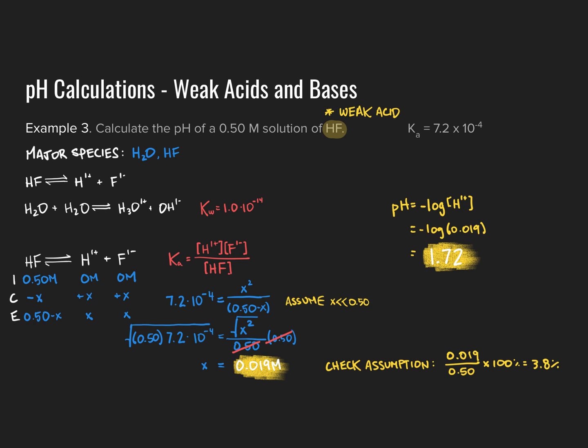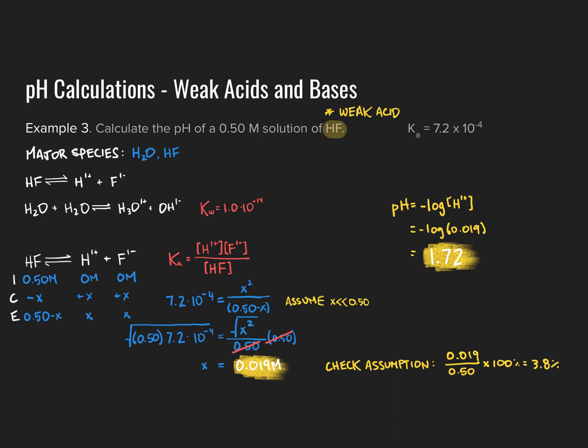Now, note importantly here, folks, that that value of a pH of 1.72 is a higher pH than would have been found had this acid been a strong acid and undergone complete dissociation into ions, because at that point I would have ended up with a hydrogen ion concentration, had this been strong, of 0.5 molar, and the negative log of 0.5 is obviously a value which is less than 1.